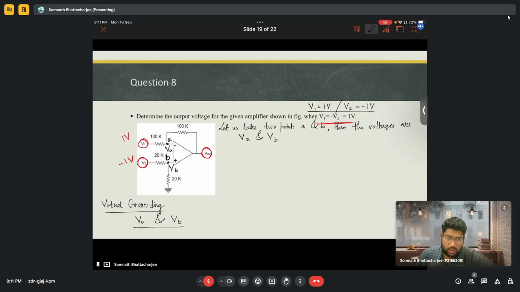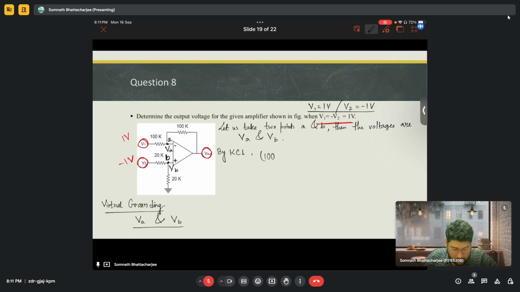As I have already discussed, we'll use the basic KCL, through a closed loop. So what will be the values here?